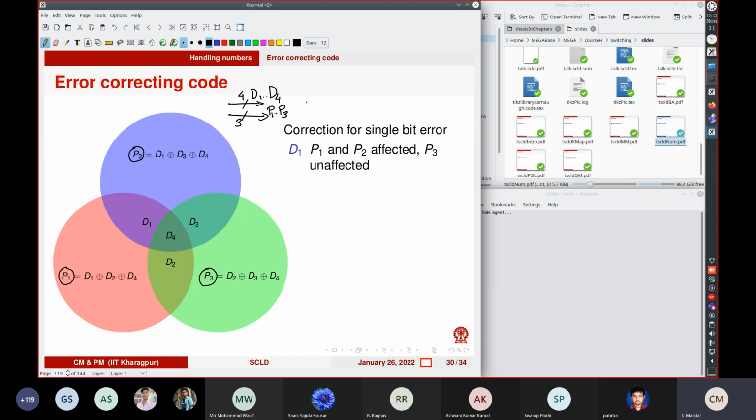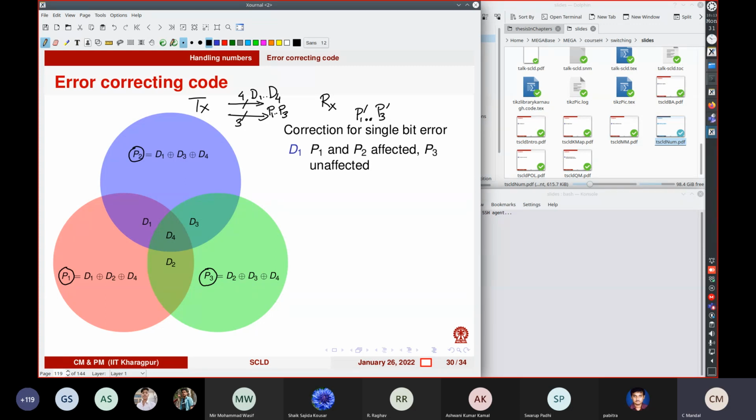This is the transmitter, and on the other side you have the receiver. The receiver recomputes P1 dash to P3 dash, and then it checks.